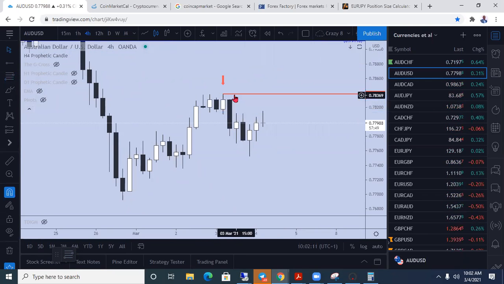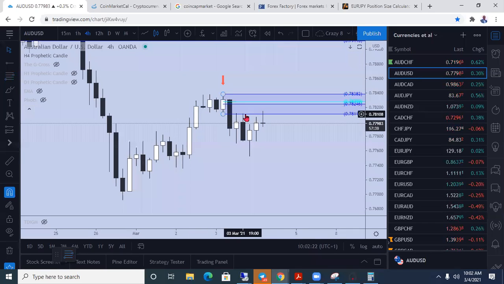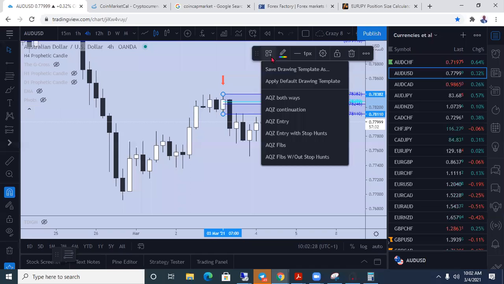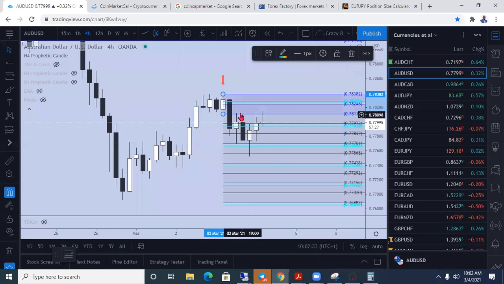Price broke out, tested our entry. So if you're trading H4, it should have picked your first entry and delivered some TP for you. Right, basically, first entry, TP1, TP2.